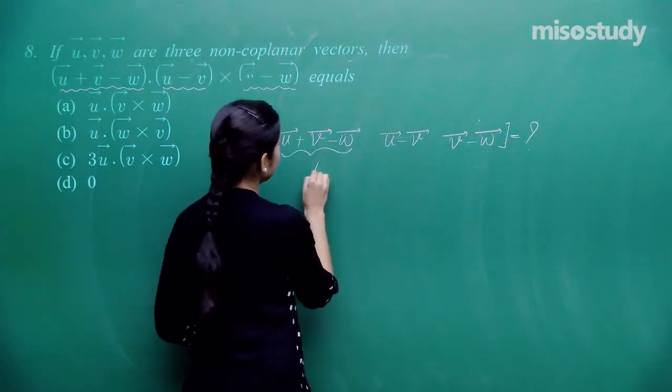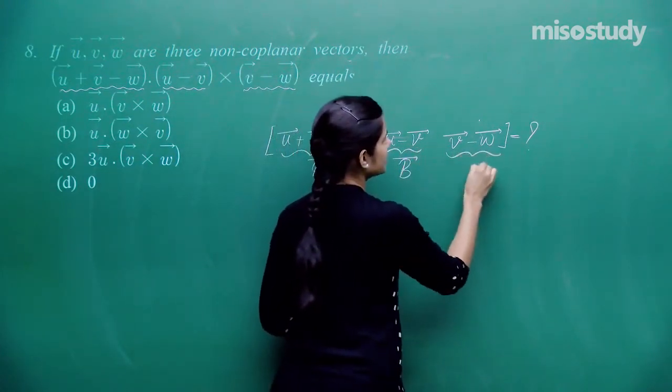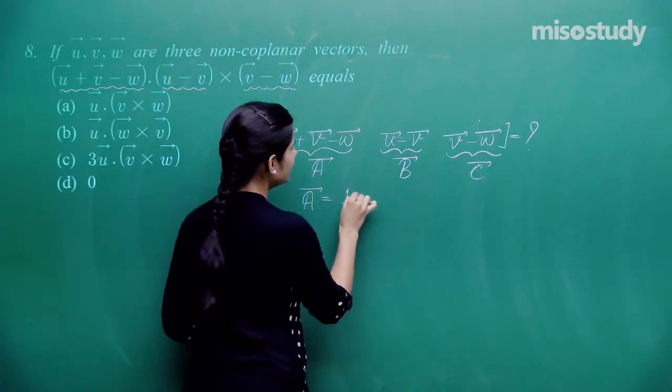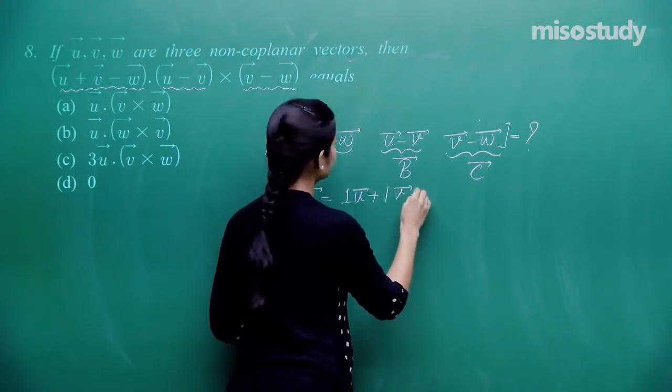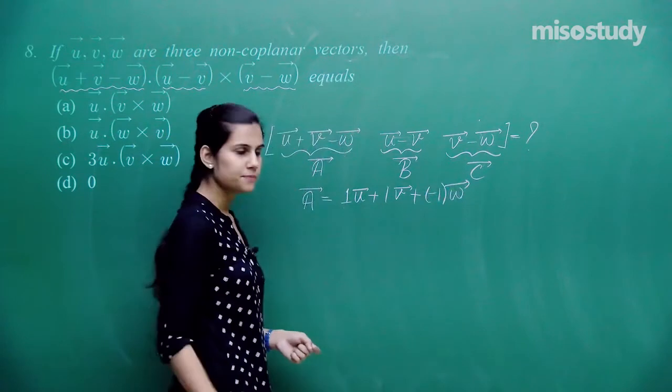Now interpret this as A vector, this as B vector, and this as C vector. Then A vector can be written as 1 times u vector plus 1 times v vector plus minus 1 times w vector.